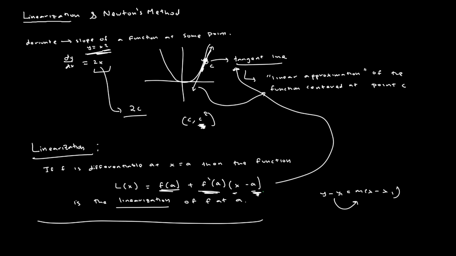You might be wondering, why is this so important? Why do people care about this? Well, sometimes the function itself is very complex. x squared is not as complex, but let's say we have a high polynomial degree term.